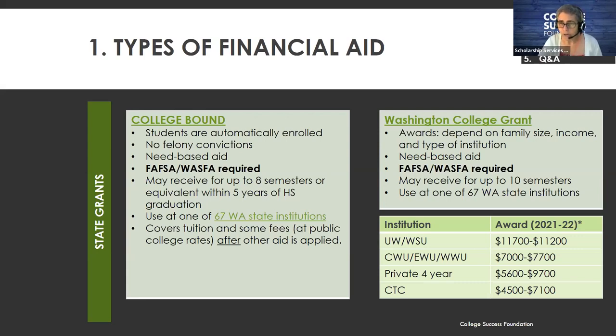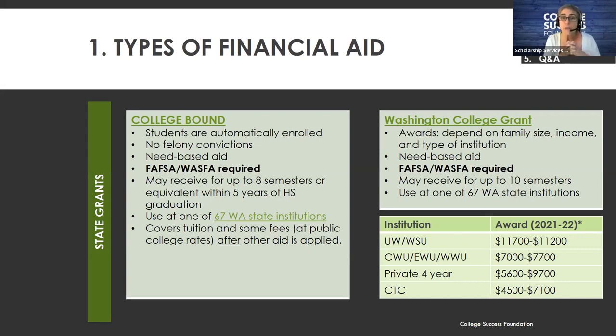The Washington College Grant, then, what I was starting to say is that the awards depend on the family income, number of family members in the household, and the type of institution that the student will be enrolled in. So amounts vary depending on the cost of institution. So students receive more if they are attending a research institution like the University of Washington or Washington State University versus a college or technical college.